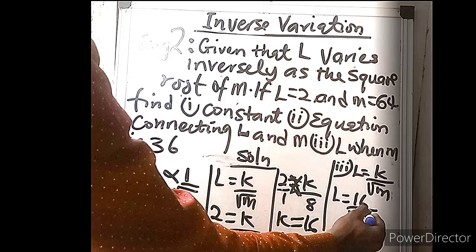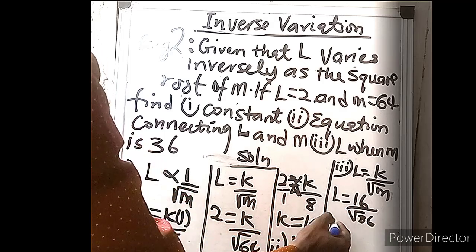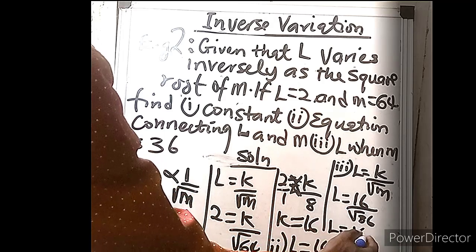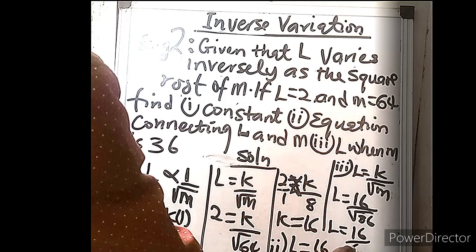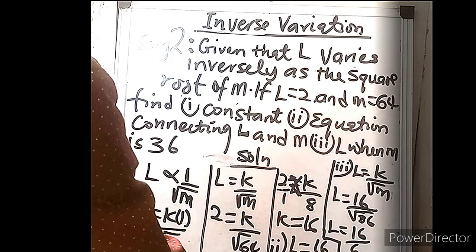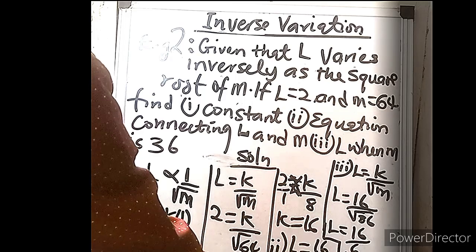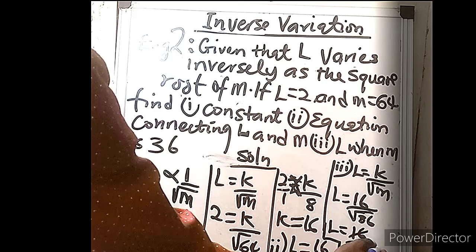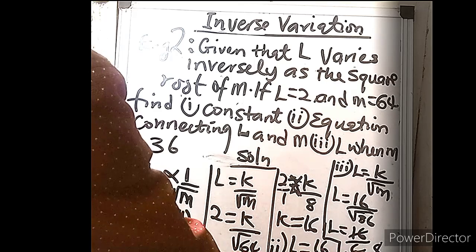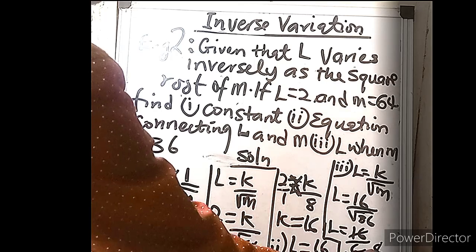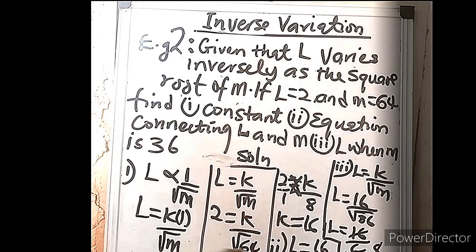Square root of 36. So L will give us 16 over square root of 36, which is 6. So therefore, L is going to be 2 here is 8, 2 here is 3, which is giving us 8 over 3. Our answer is 8 over 3.